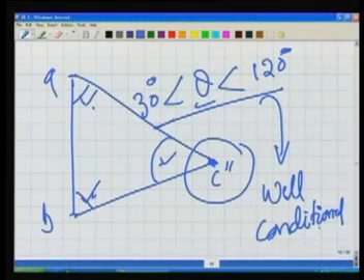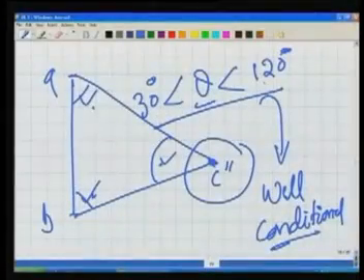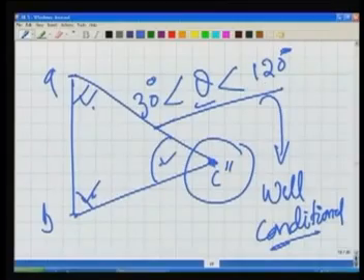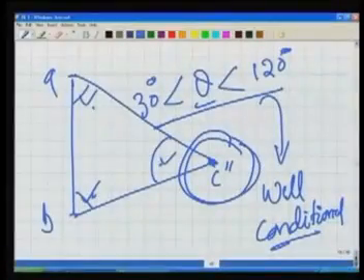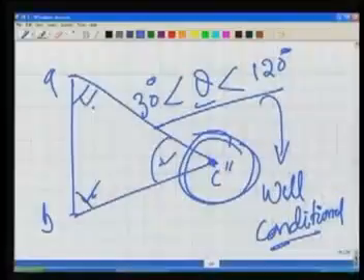We will explain this also later on in the computation part, but right now we have been able to understand graphically that if in my triangle the angles are within 30 and 120, they are not either too large or too small. In that case, the computation of unknown points is more accurate. So these are the well conditioned triangles.